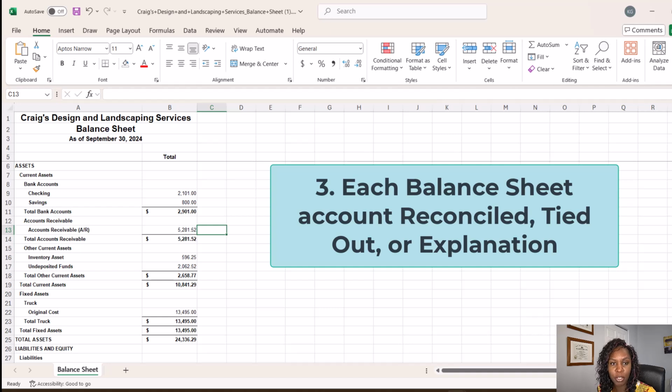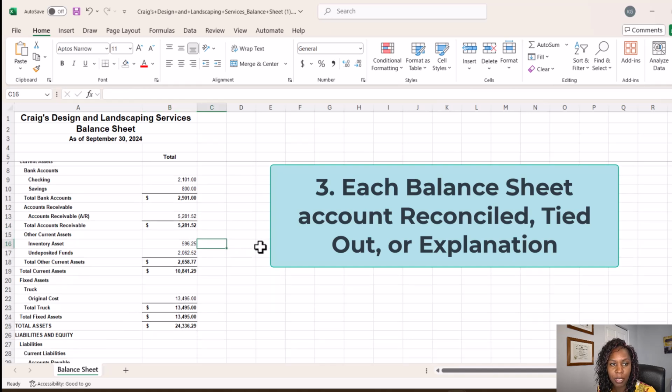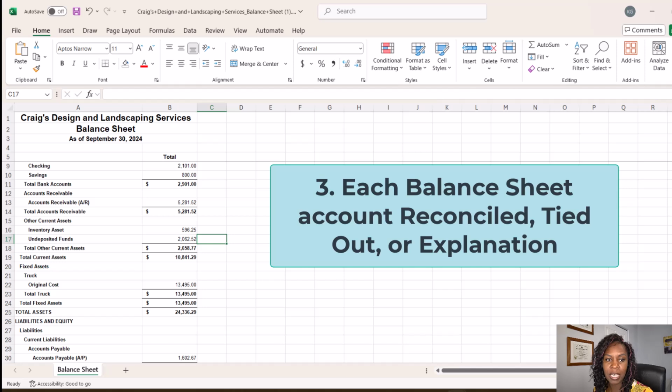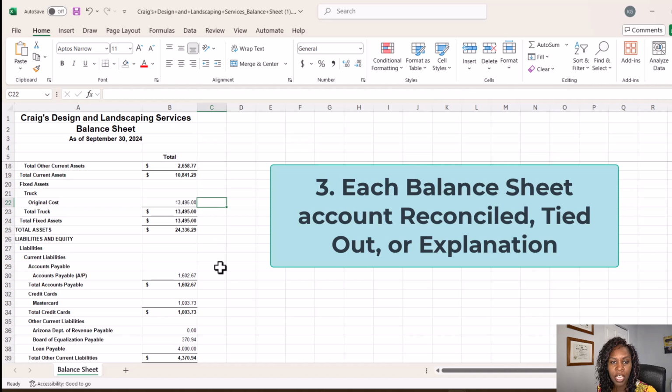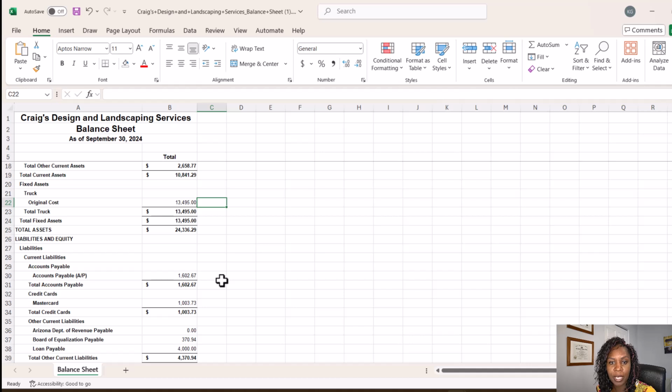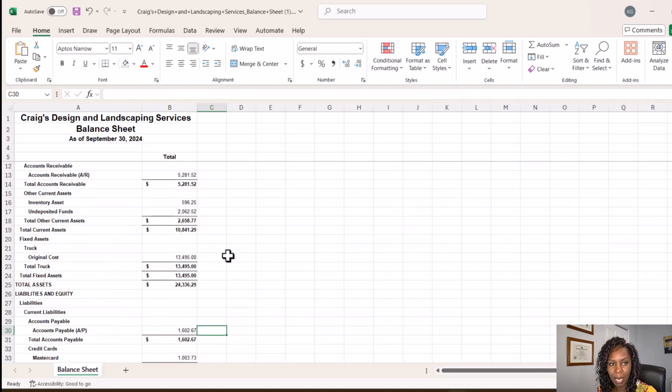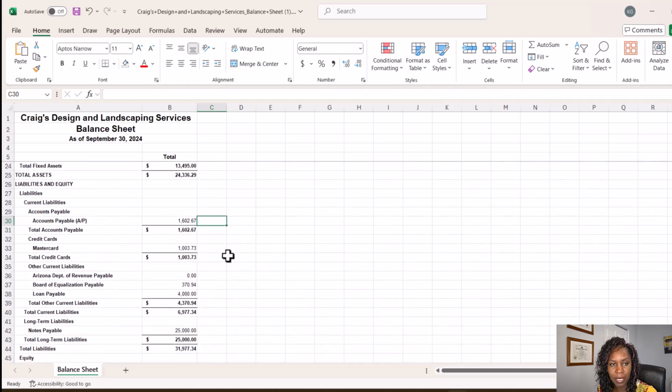With accounts receivable, you should be able to pull up an accounts receivable report in your accounting software and confirm that the report ties to this number here. Along with your inventory, you should understand what's in your undeposited funds. Each of these amounts should reconcile to a report, a statement, or you should at least have some type of understanding of what the balance is.